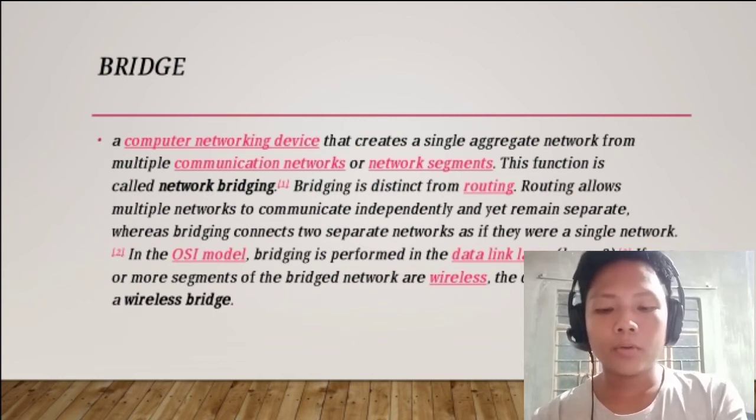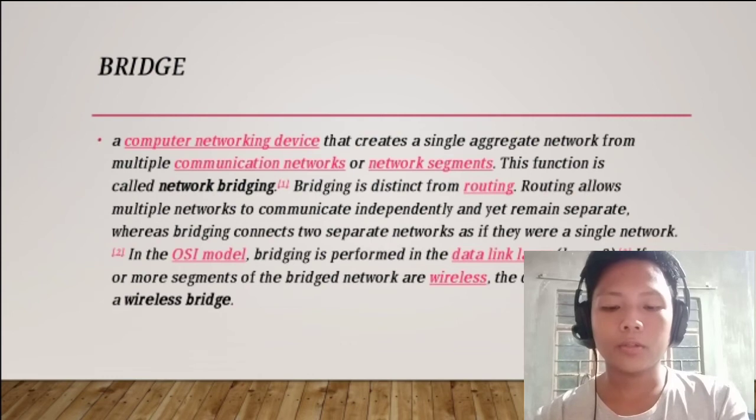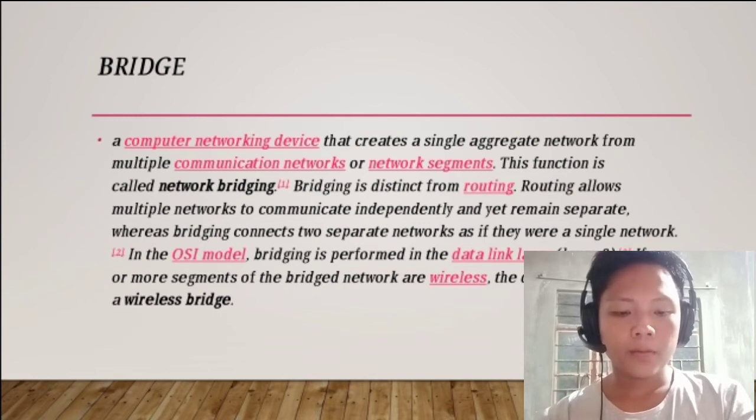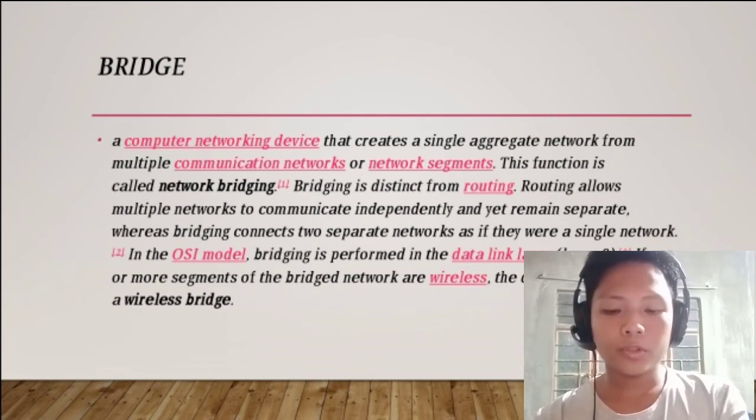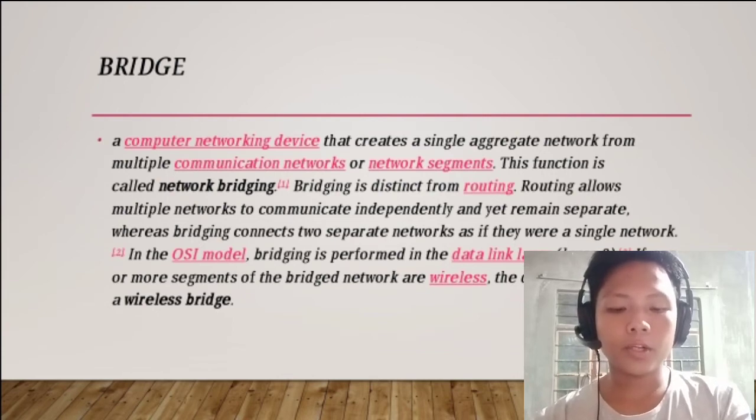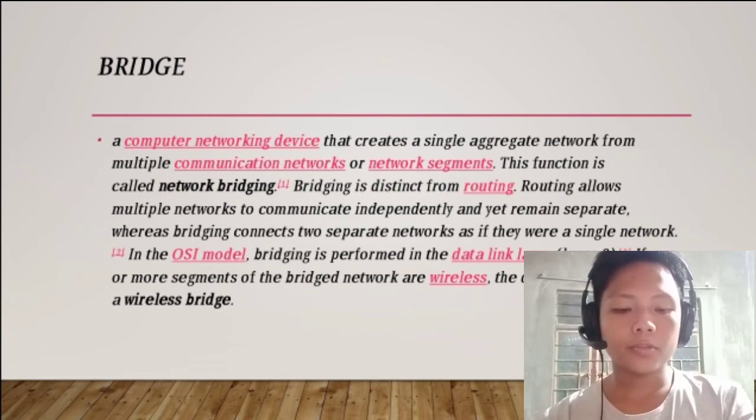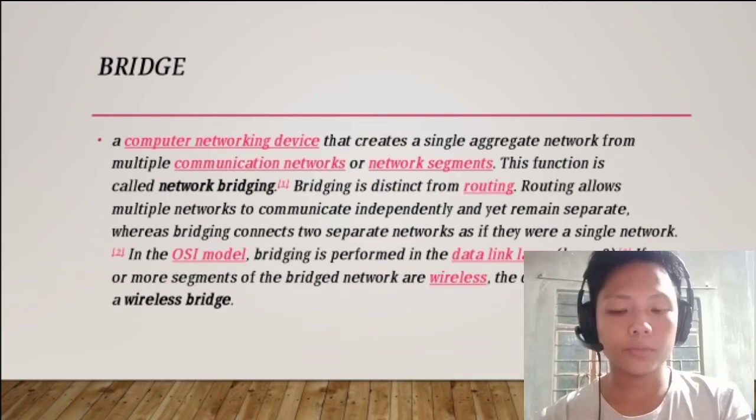In the OSI model, bridging is performed in the data link layer. If one or more segments of the bridged network are wireless, the device is known as a wireless bridge.